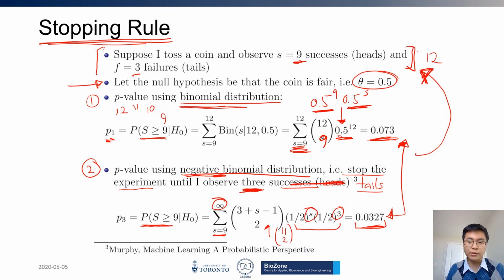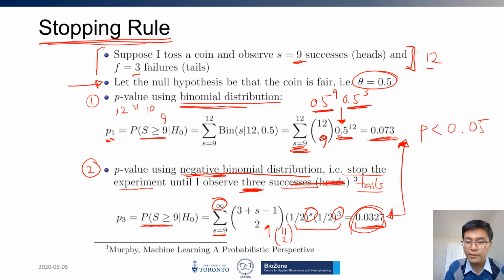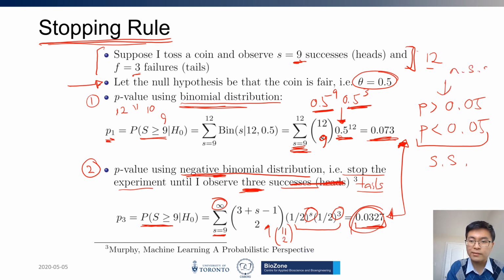And by doing so, you somehow change the p-value, which is even worse if you're going to write something like p less than 0.05 for the second case and p greater than 0.05 for the first case. And then somehow arguing that this is statistically significant and this is not statistically significant.